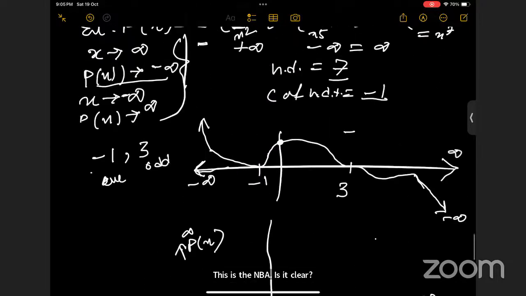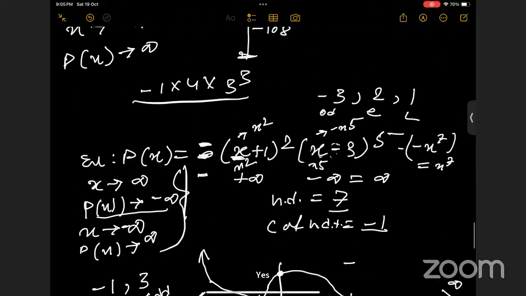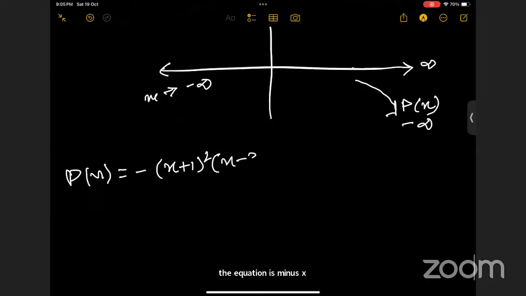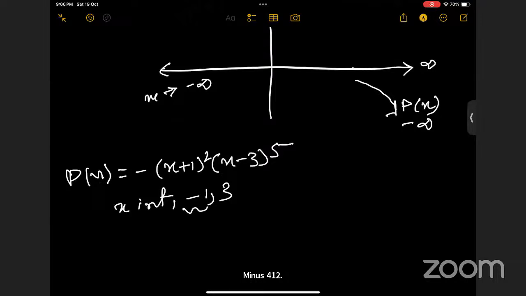Now we will check the x-intercepts. The equation is -(x plus 1) square times (x minus 3) to the power 5, right? So what are the x-intercepts? -1 and 3, right? And what is the degree of the factor for -1? It is 2.